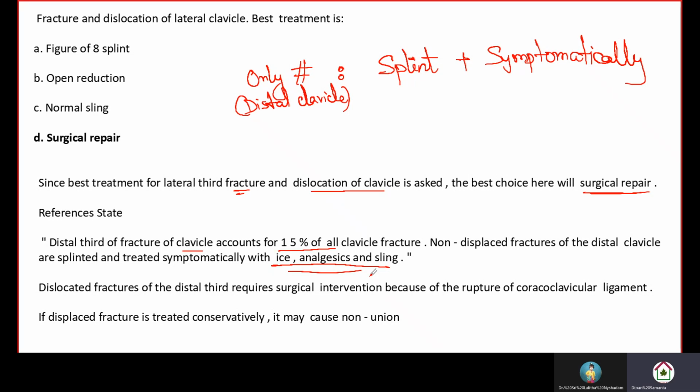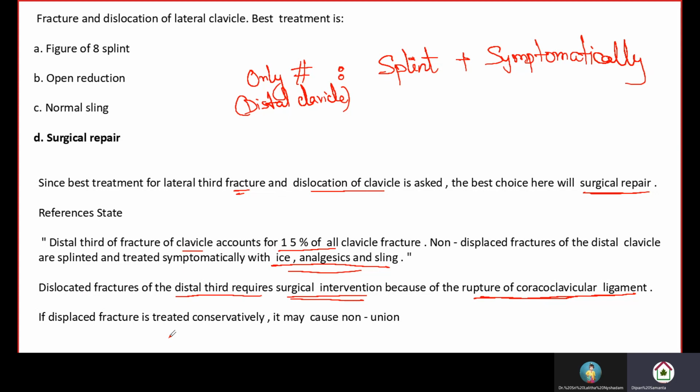Dislocated fractures of the distal third require surgical intervention because of the rupture of coracoclavicular ligament. And if a displaced fracture is treated conservatively, it may cause non-union.